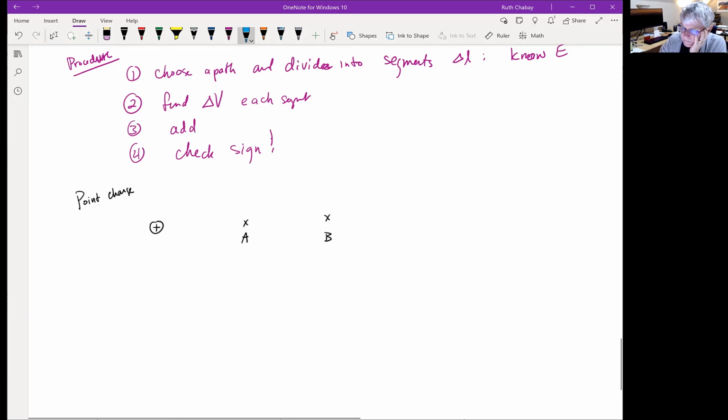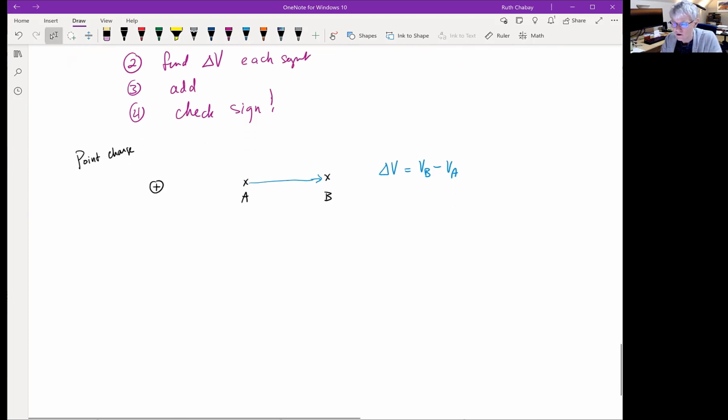We want delta V is VB minus VA. So we're going to go from A to B. And it really helps to have a diagram and draw paths and draw fields.